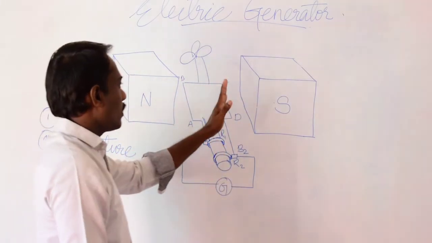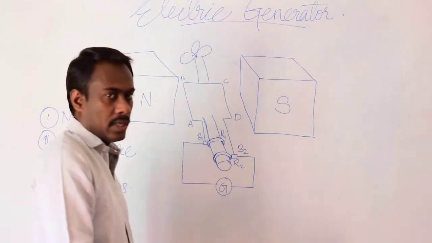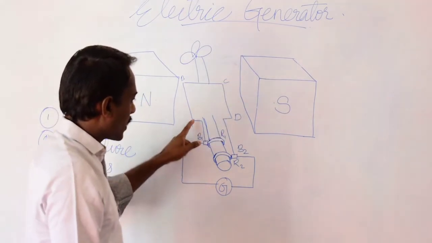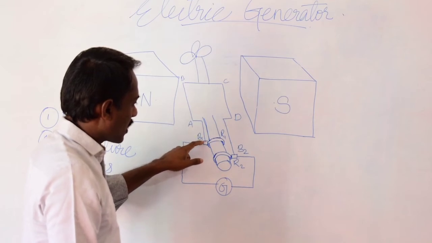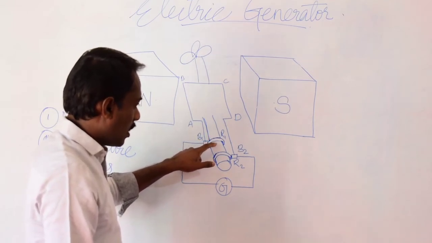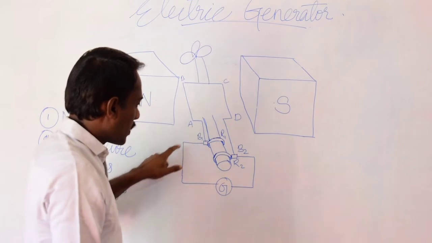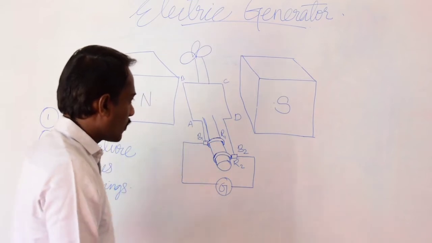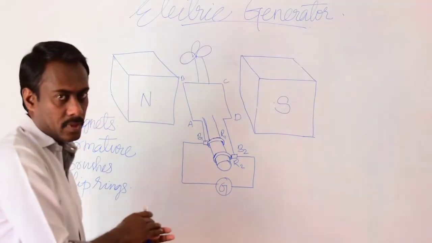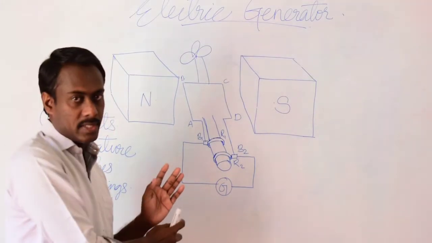Then the brushes come in contact with the rings, and the brushes are connected to a galvanometer. As the coil moves, there is a change in the magnetic flux.